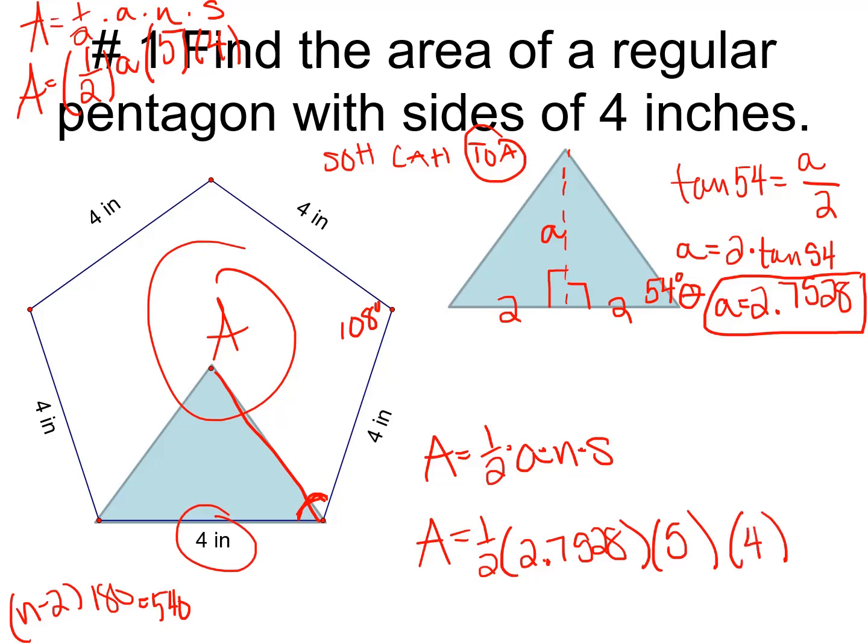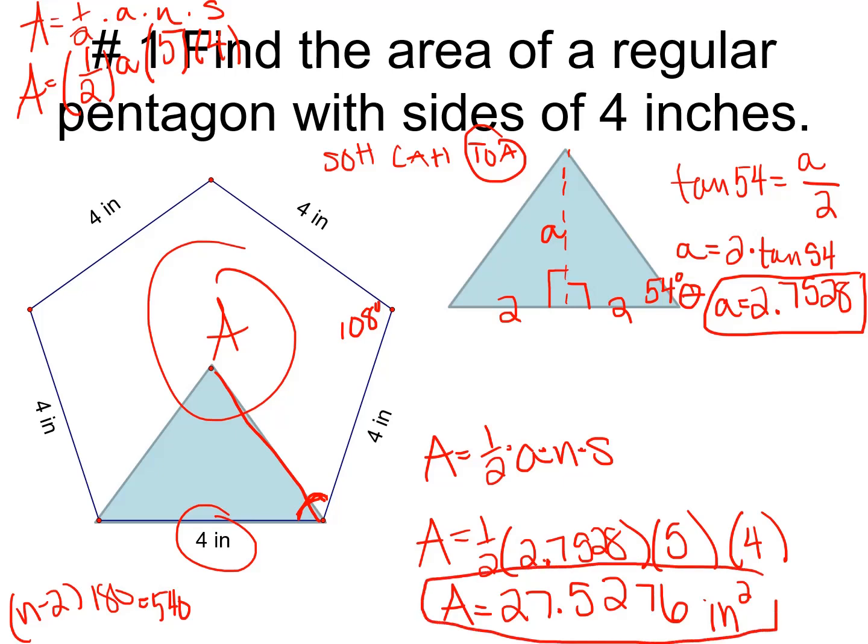So if we multiply 1/2 times 2.7528 times 5 times 4, we get a grand total of 27.5276 inches squared. We're talking about area, and the side length is in inches, so the area is inches squared.